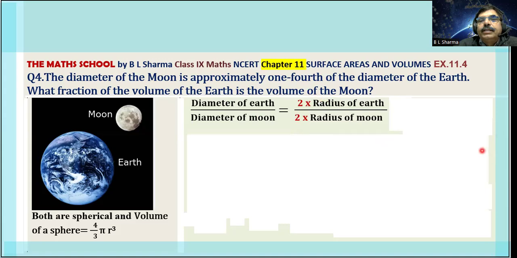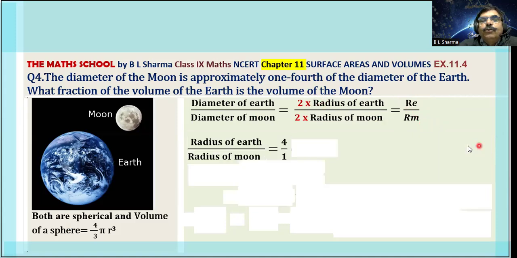So further we can write radius of earth to radius of moon, RE means radius of earth, RM means radius of moon, is 4/1. So if radius of earth is 4, then radius of moon is 1, means the ratio is 4:1.